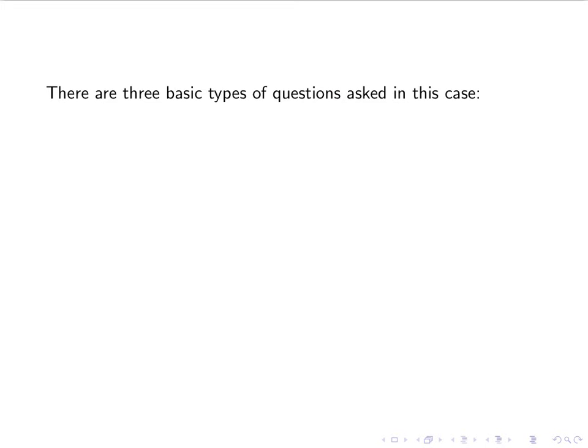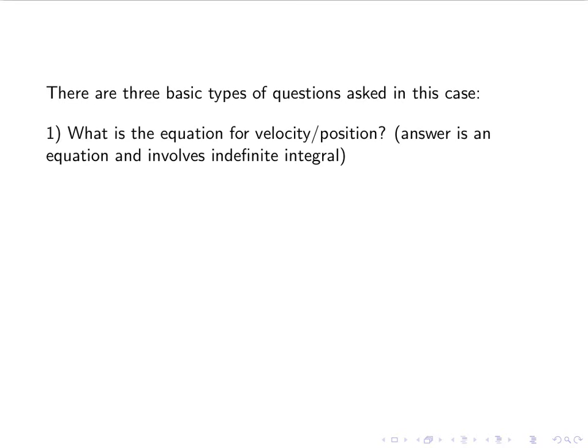There are 3 basic types of questions that can be asked in this case. The first one is, what is the equation for velocity or position? So the answer is an equation, and it involves an indefinite integral. So our answer would be something like v of t equals 3t minus 4.